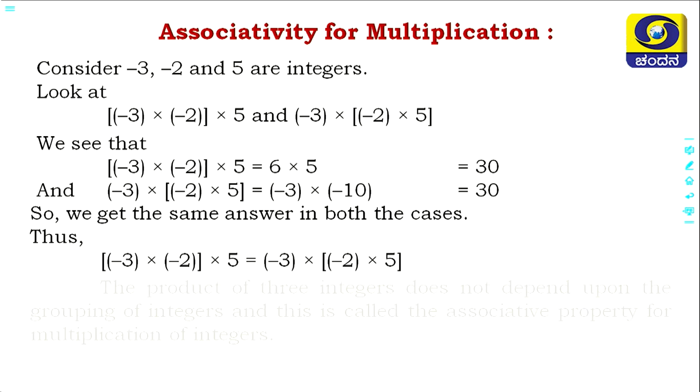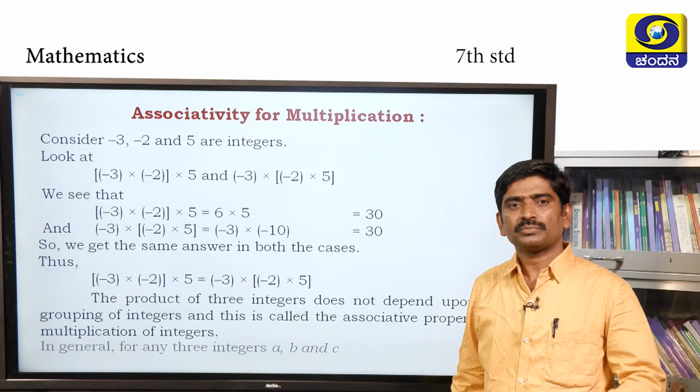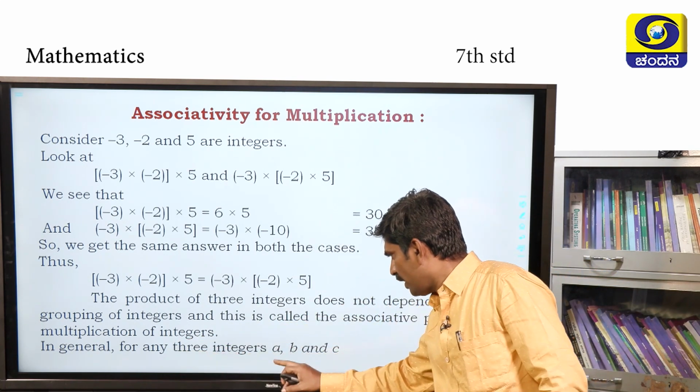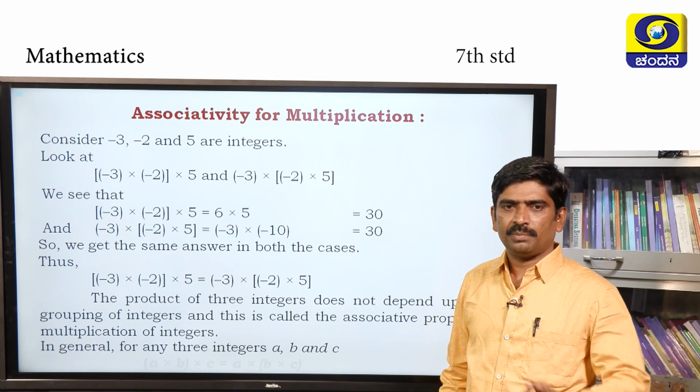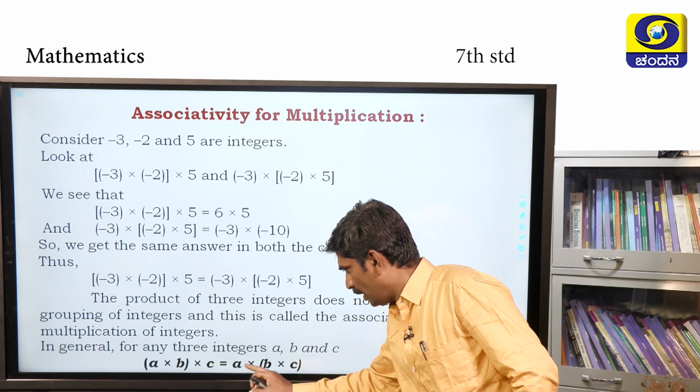That means the product of 3 integers does not depend upon the grouping of integers, and this is called the associative property for multiplication of integers. In general, for any 3 integers a, b and c, (a into b) into c is equal to a into (b into c).